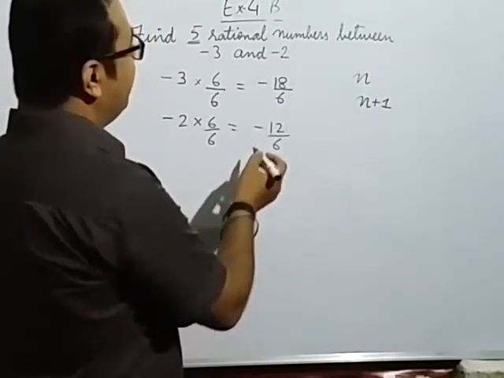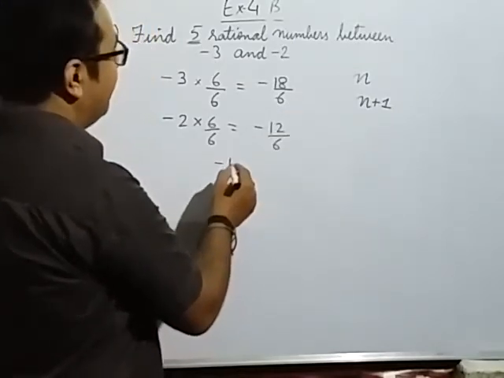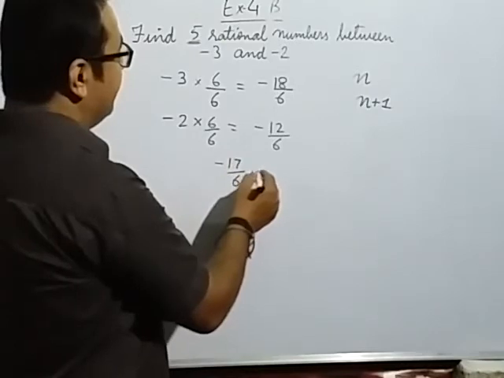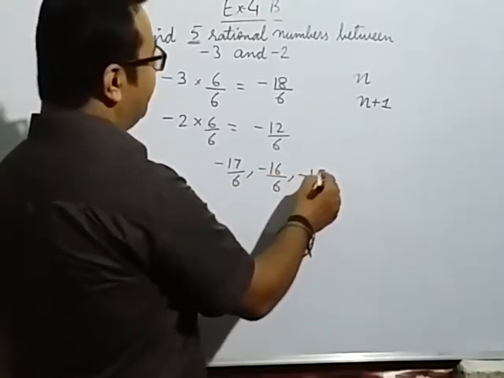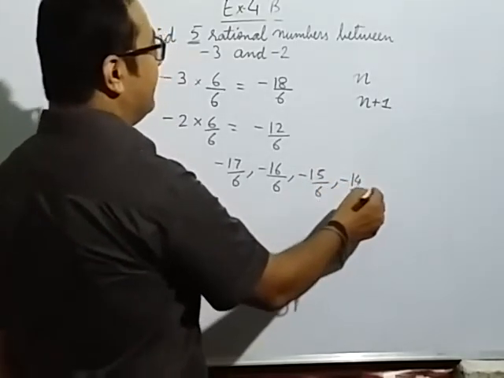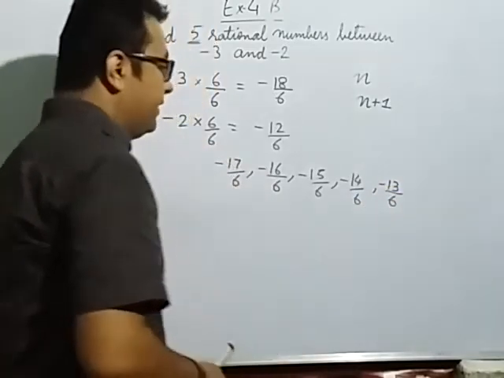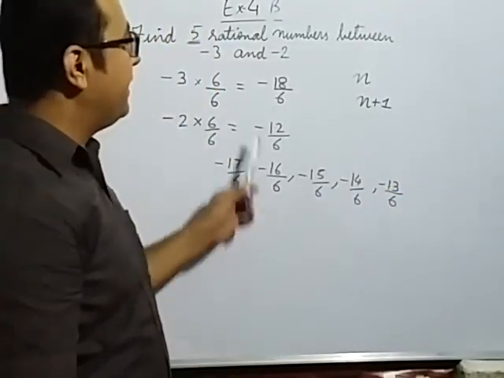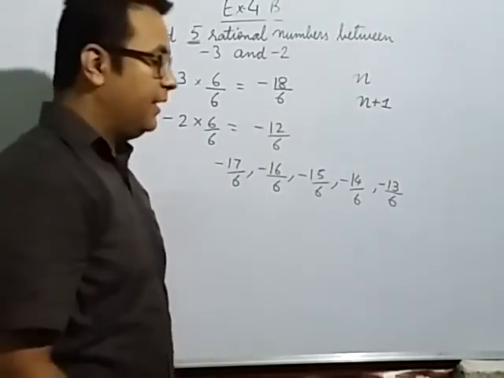So 5 rational numbers between minus 18 upon 6 and minus 12 upon 6 are minus 17 upon 6, minus 16 upon 6, minus 15 upon 6, minus 14 upon 6 and minus 13 upon 6. Okay, so these are 5 rational numbers between minus 18 upon 6 and minus 12 upon 6.